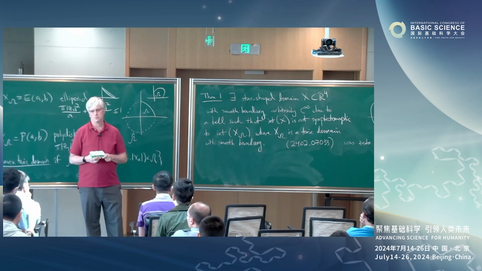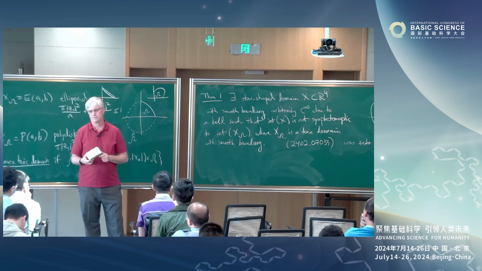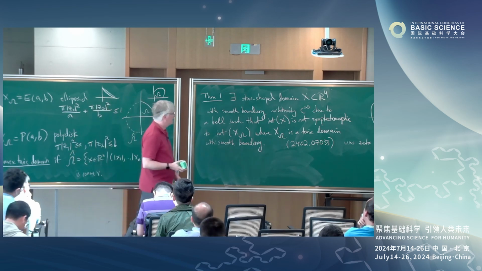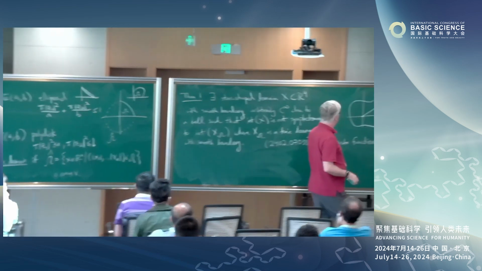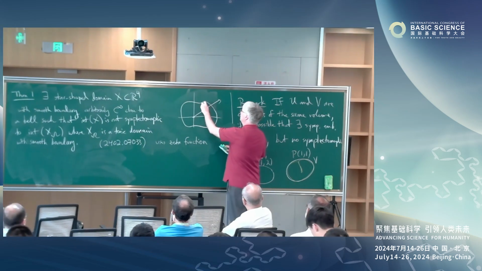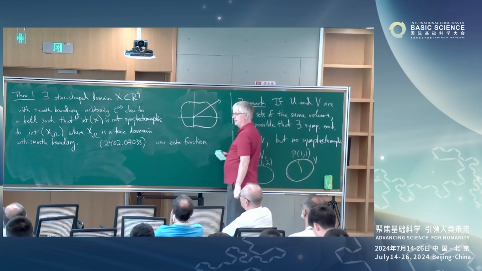If it's convex with smooth boundary, that implies star-shaped. But it doesn't have to be convex. This example I drew is star-shaped, but it's not convex because there are two points here where the line between them has to go outside of the domain.